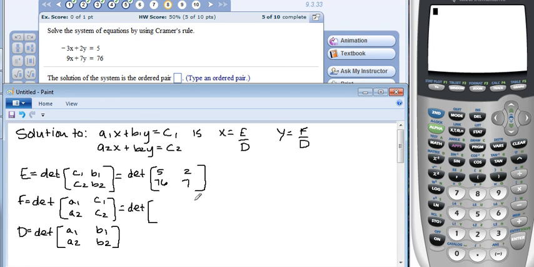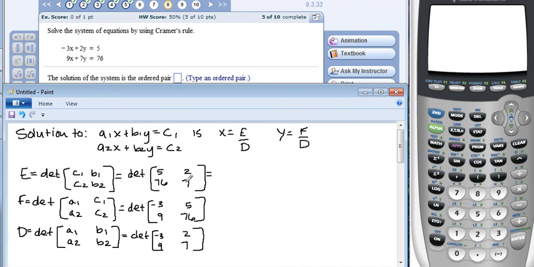Then for the next one, A1, A2 are my x terms, so I've got the -3 and the 9. C1, C2 are on the other side of the equal sign. And then A1, A2 is the -3, 9, and B1, B2 is the 2 and the 7. Now these should all be different, and they do look different. That's how I knew I made a mistake on that other one.